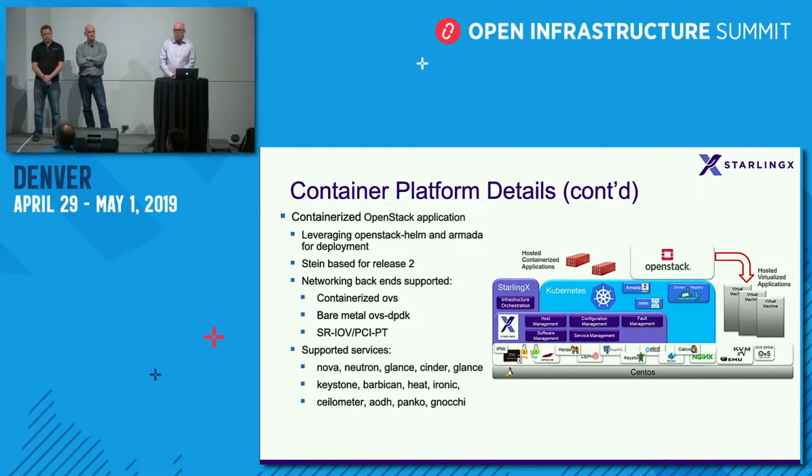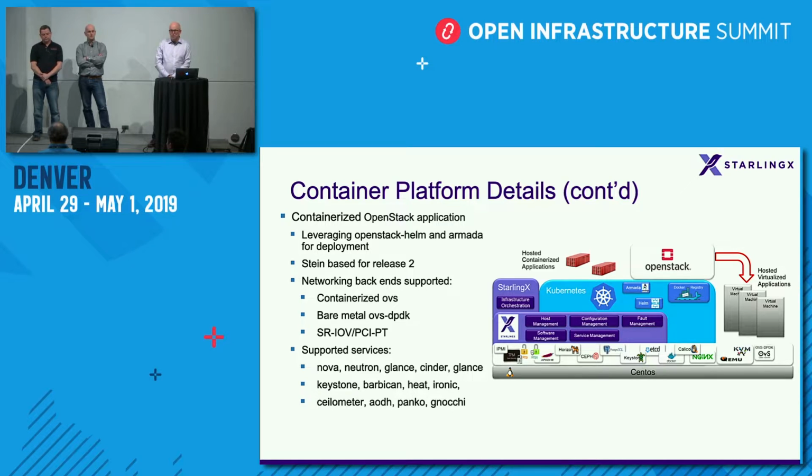So as I mentioned, OpenStack is now deployed as a containerized implementation on top of StarlingX. So we are leveraging the Openstack-Helm project as well as Armada, as I mentioned on the previous chart. For our upcoming release, we're based on Stein. Going forward, we will be tracking the upstream OpenStack releases.